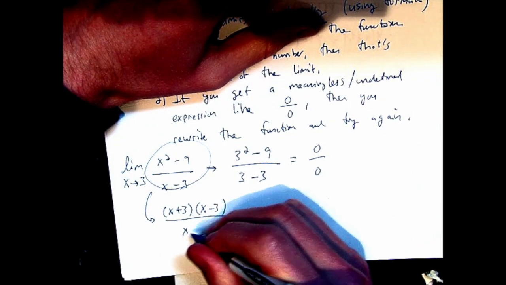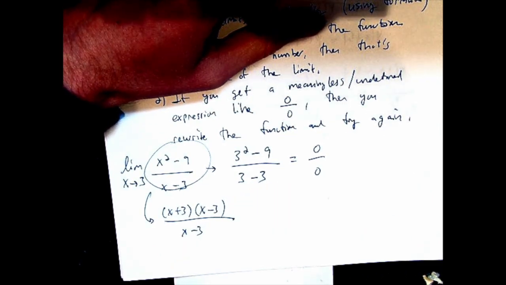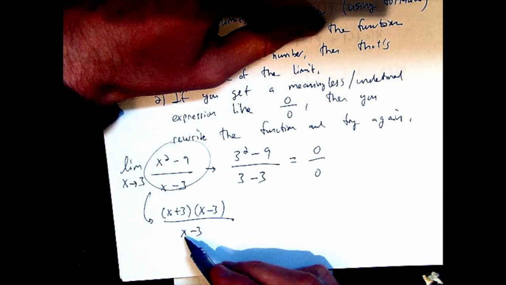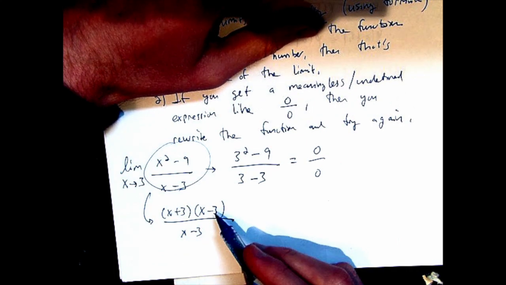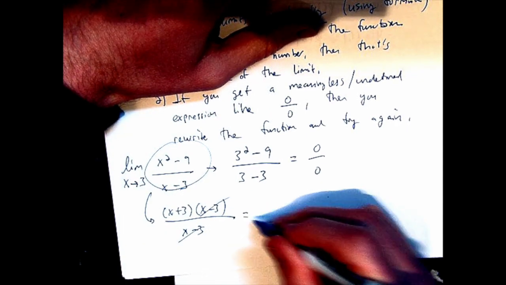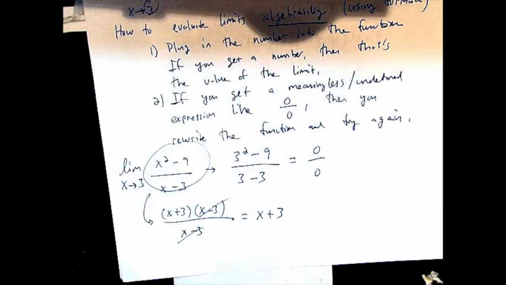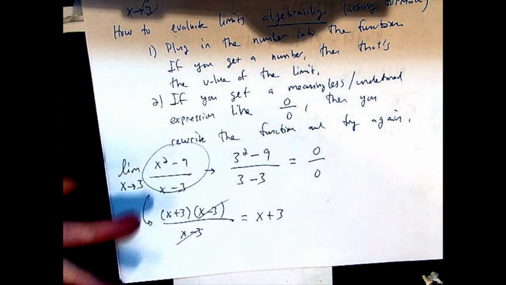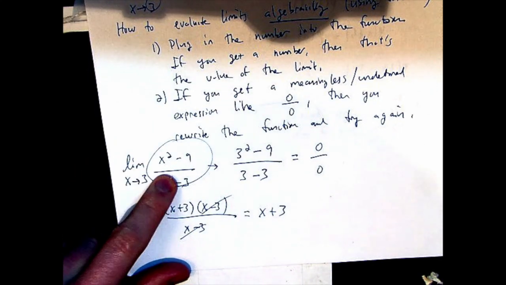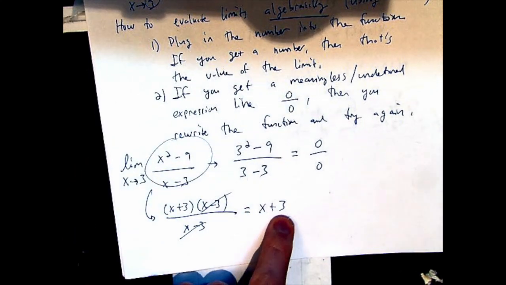And then the denominator, I'm not going to change at all. And then what I notice is, oh, this x minus 3 here is going to cancel with that x minus 3 in the numerator. So I'll go ahead and cancel those. And I wind up with x plus 3. So what I've done is I've rewritten, really simplified, my function from this complicated expression to this much simpler expression.